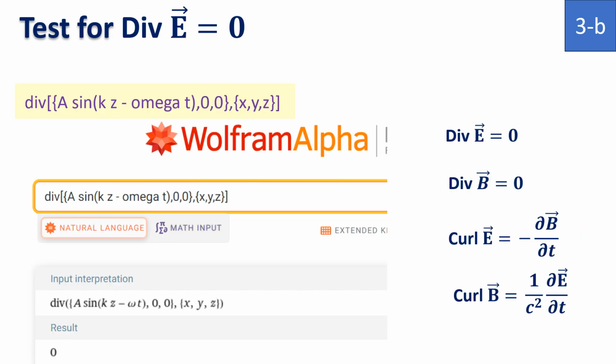In this slide, we show how to enter the first Maxwell equation with the solution proposed. We will write the divergence of electric field. We need to see how Wolfram Alpha interpreted the command, and we see that it is correct, and we see the result as 0. That is exactly what we expect. Divergence of E equals 0.